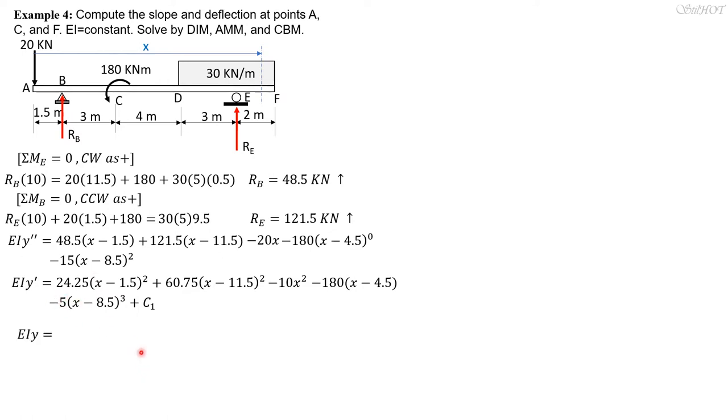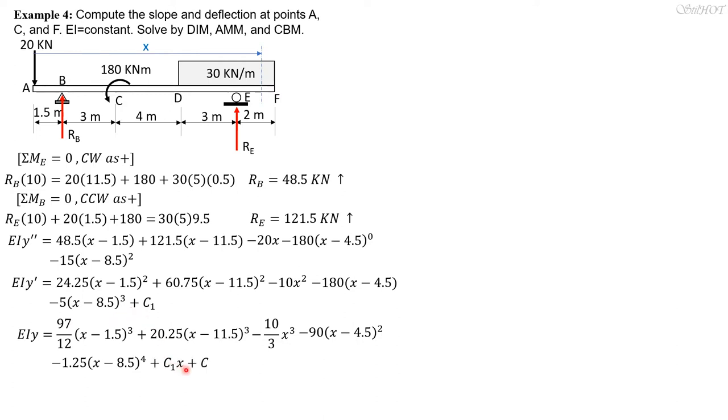And integrating again, so we'll have 97 over 12 x minus 1.5 cubed plus 20.25 x minus 11.5 quantity cube, minus 10 thirds x cubed, then minus 90 x minus 4.5 square, then minus 1.25 x minus 8.5 to the fourth plus c sub 1 x plus c sub 2.